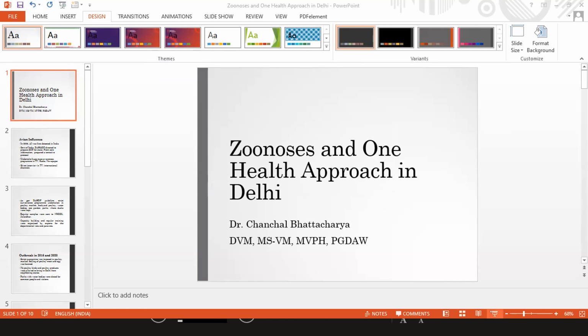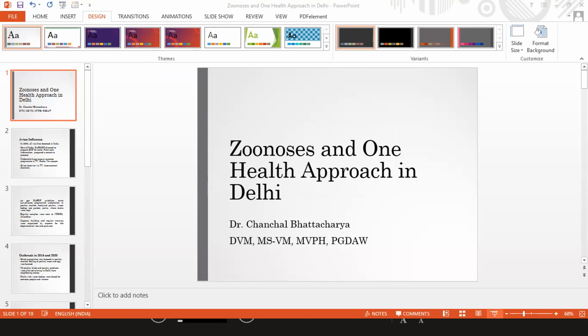Then we visited backyard poultry, where people keep backyard birds, and collected feed samples, cloacal samples, and dropping samples also. In Delhi, there are a lot of water bodies where migratory birds visit, so we had to collect environmental and water samples. We used to send them to RDDL, Jalandhar.